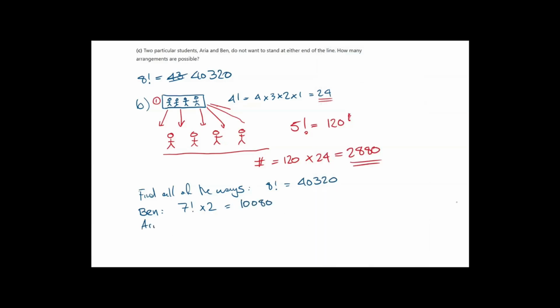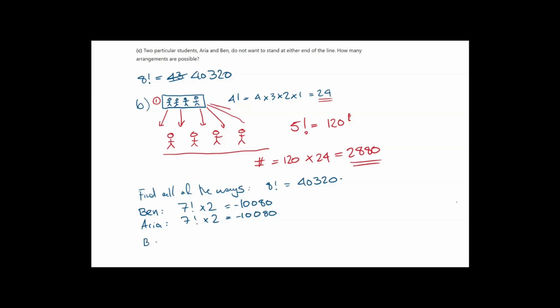Okay, but Aria is in the same boat. So there are 10,080 ways that Aria could be at each end. Have we got it? Can we just subtract this from this? Not quite, because what about the ways that both Aria and Ben could be at either end?